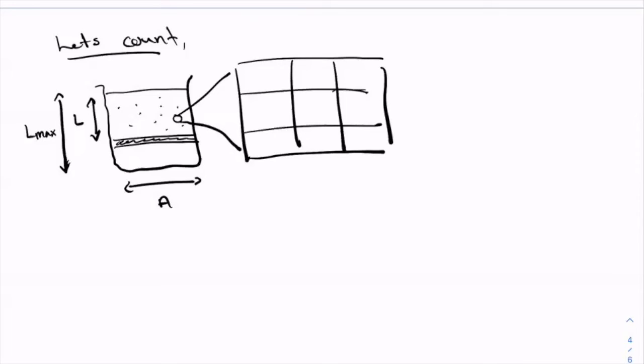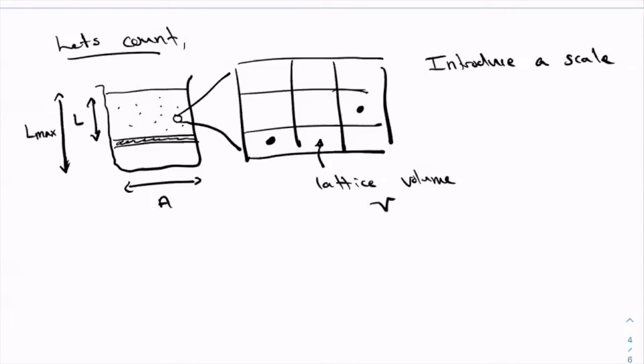Let's introduce a scale. So each individual lattice site has a volume v. There will be sites that have no solute. There will be sites that have a solute.